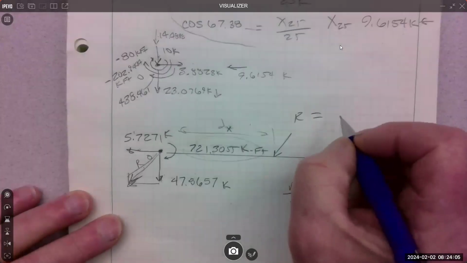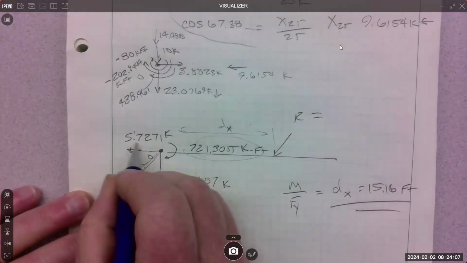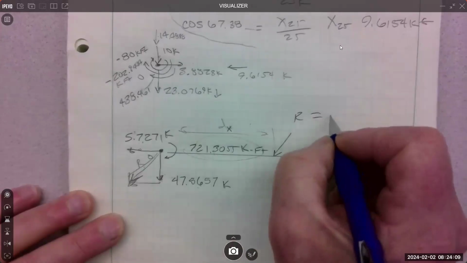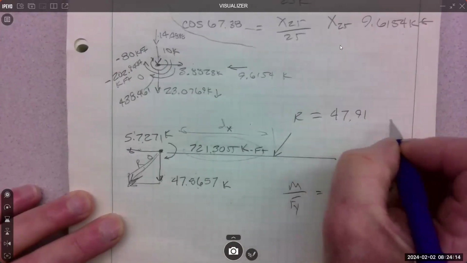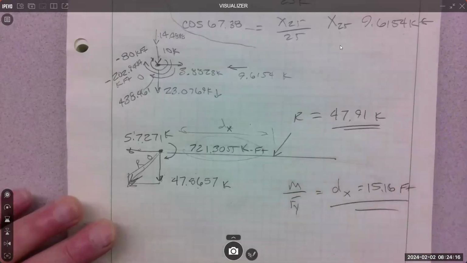It's amazingly close to the Y because Y is so big and X is so small. I get 47.91 kips.